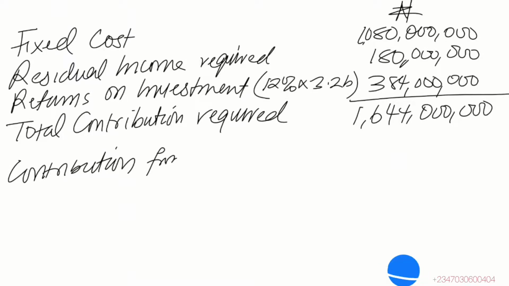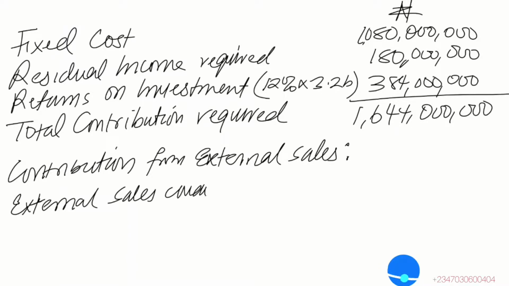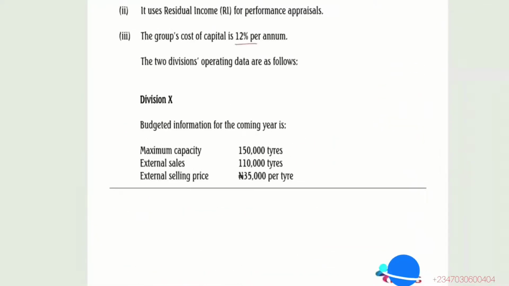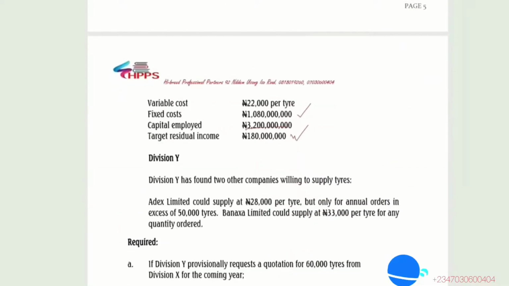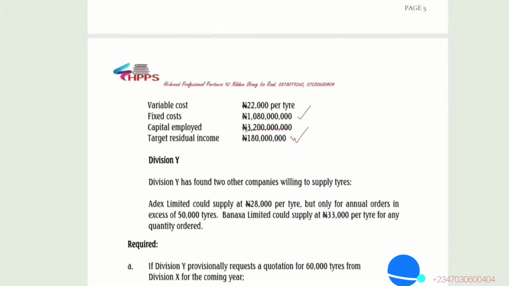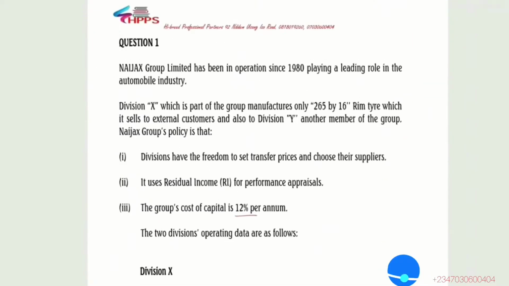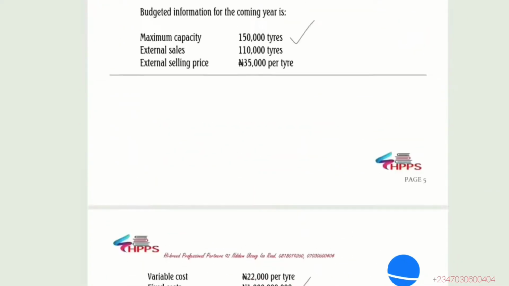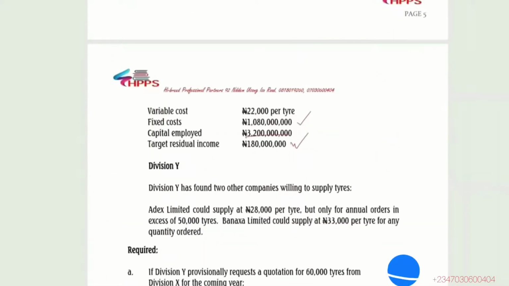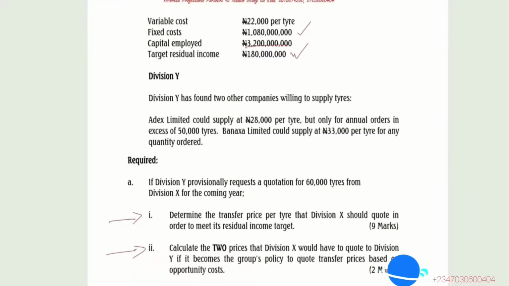So this is what is required for us to meet the target. Now, contribution from external sales. We bring in all the contribution from external sales by looking at external sales. Remember that the total units that ought to be produced, the maximum capacity, is 150,000 tires, and we have sold about 60,000 tires to Division X. So the balance that is left to be sold to external users will be the 150,000 tires less the 60,000 tires.